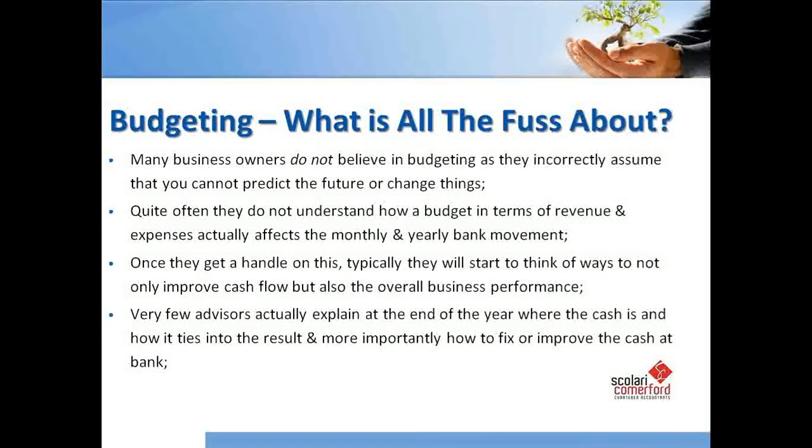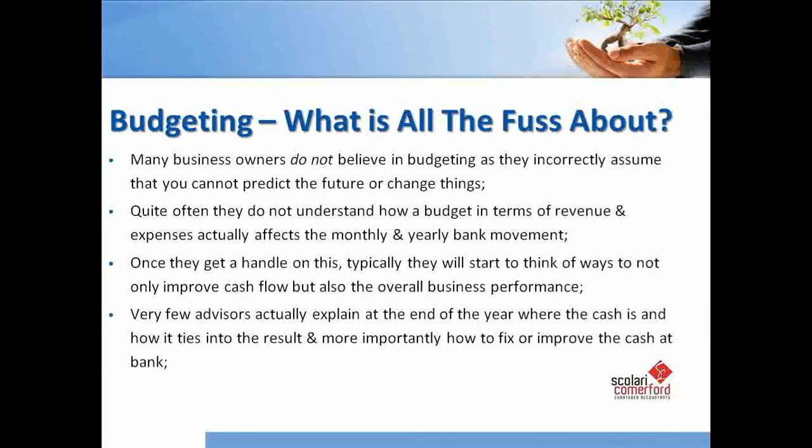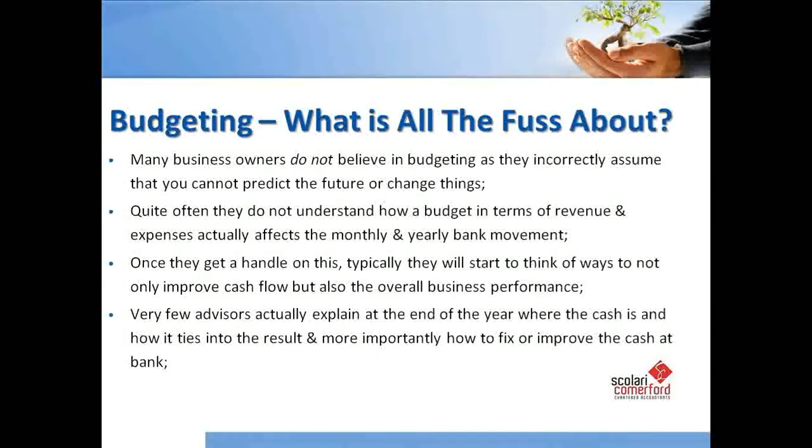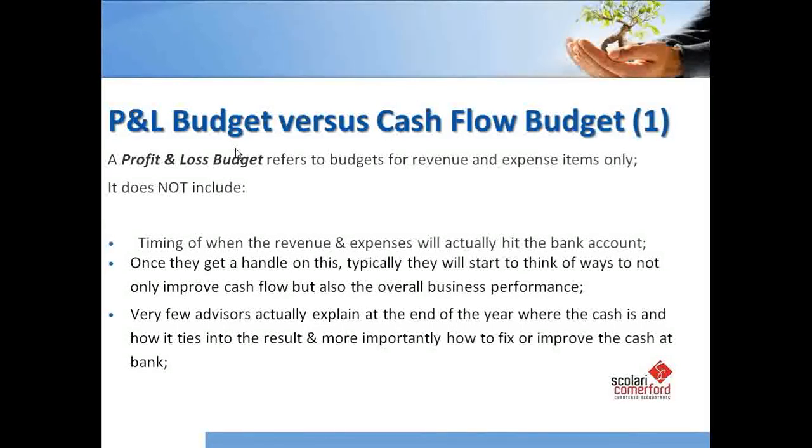But my question would be, have the advisors actually explained where the cash is and how it ties into the overall profit and loss result? And more importantly, have they actually given some tips on how to improve the cash at bank? So this is what we're going to look at today.